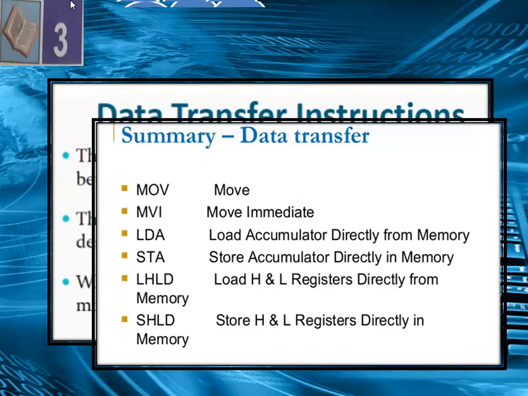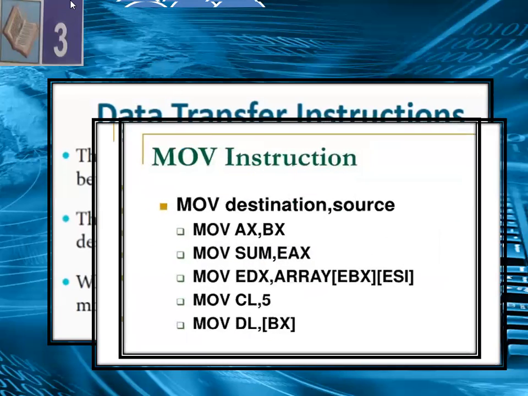So these are some data transfer instructions which are used to transfer your data from one memory location to another, between registers and memory, registers and IO, and register to register.